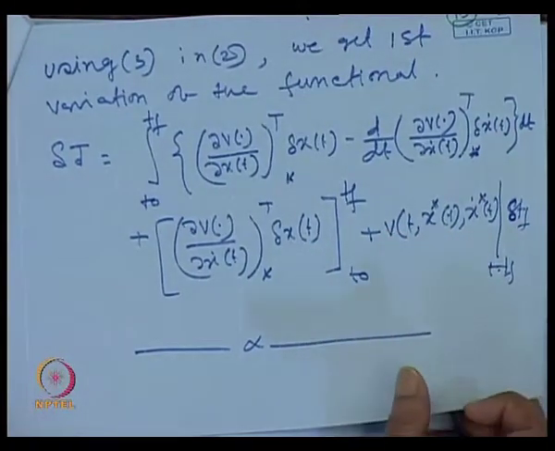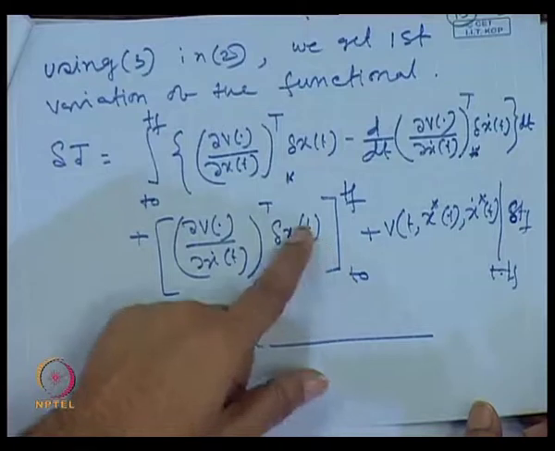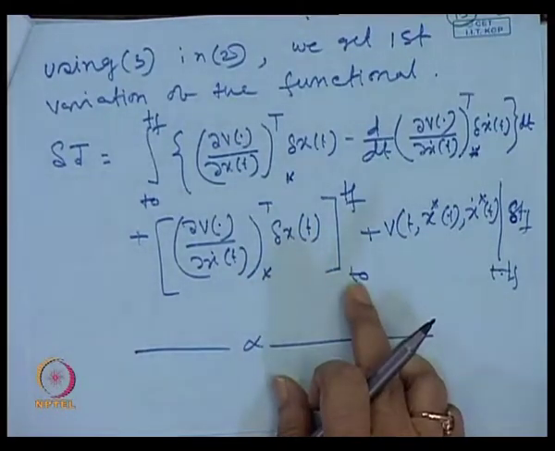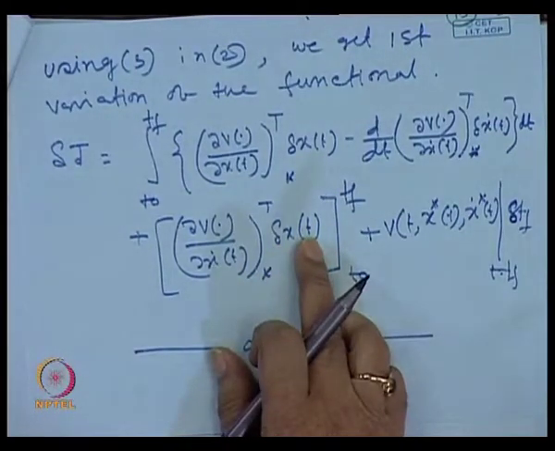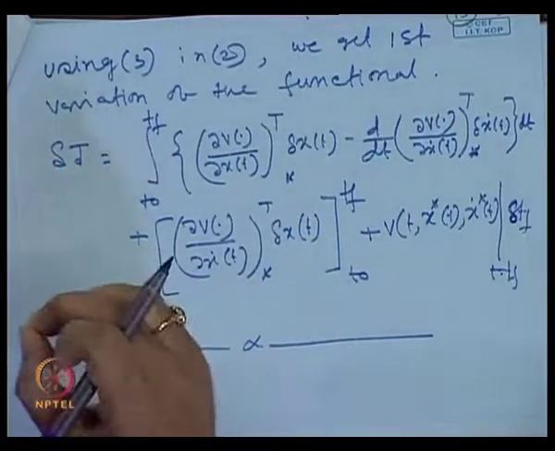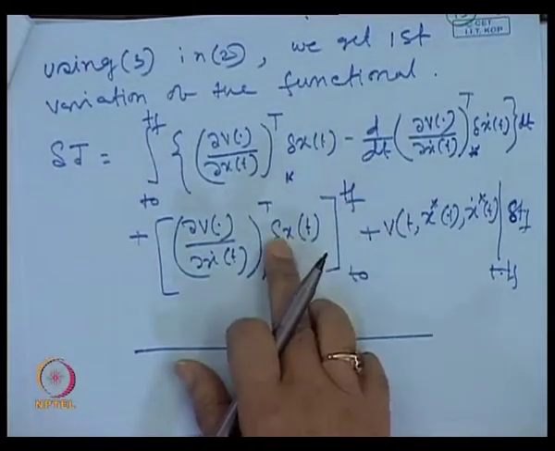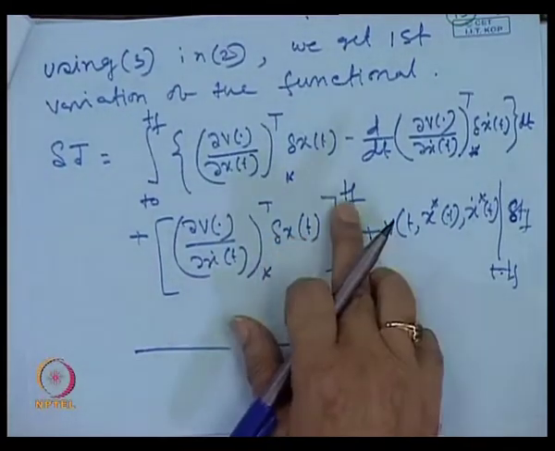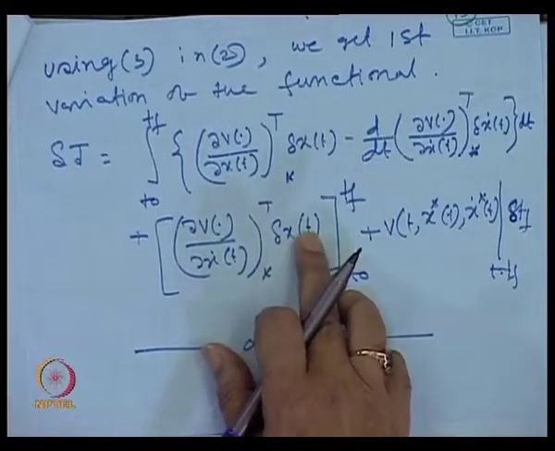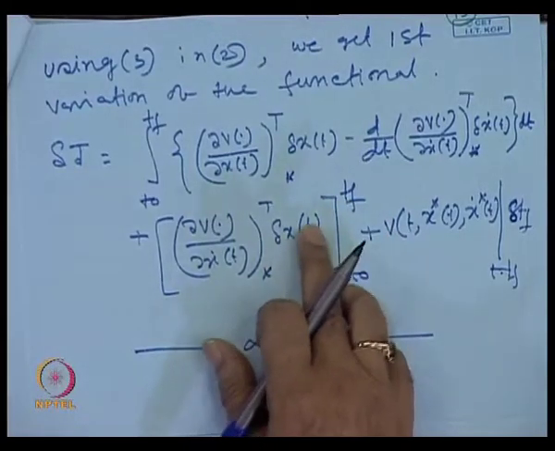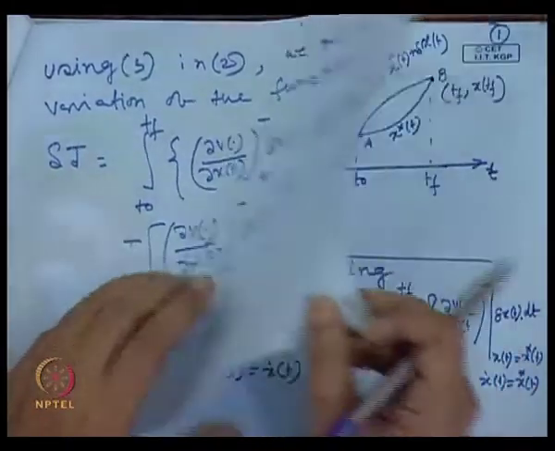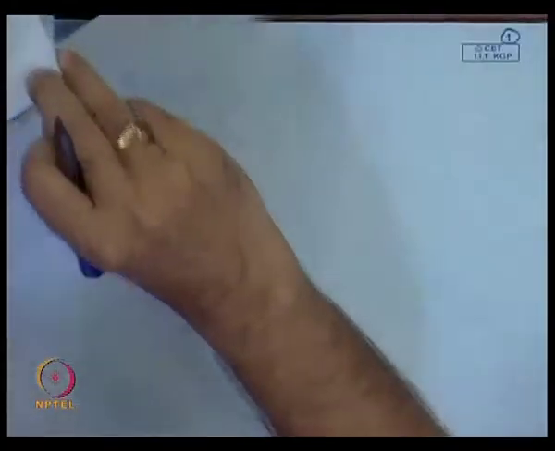Now, see this term: at t equal to T 0, delta x T 0 is 0, because this is a fixed point, but at T f, delta x T f is not 0. So, further we can simplify this, which we will discuss now.